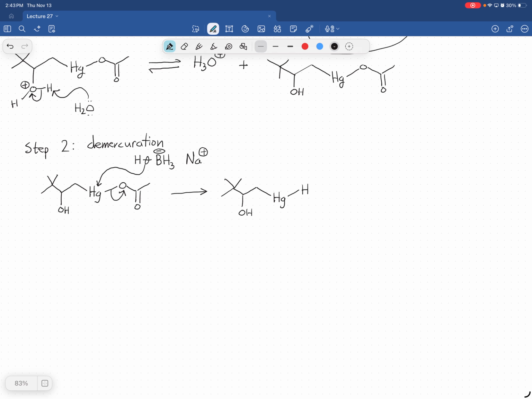This mercury bond is very weak because there's no acetate there. So now this will split up homolytically. You're going to get one electron on the mercury, and one electron, a radical, is going to form on the carbon atom. So the byproducts here are borane, BH3, plus sodium acetate.